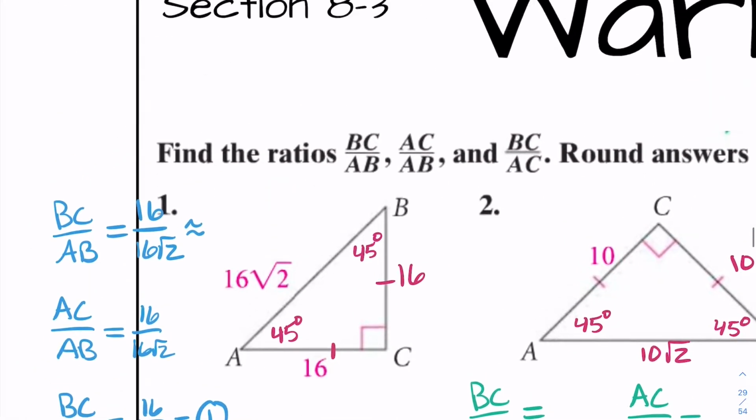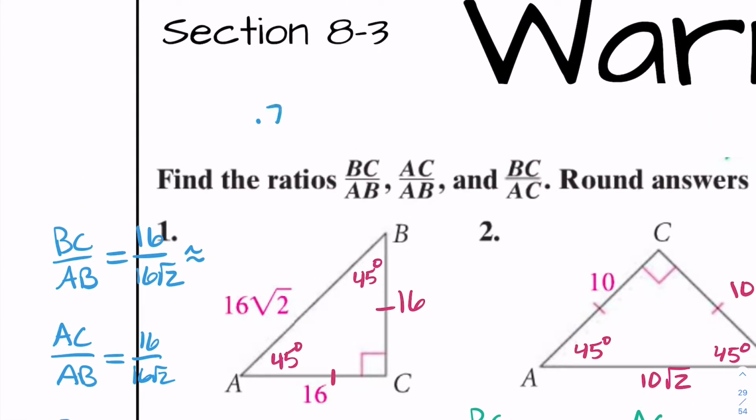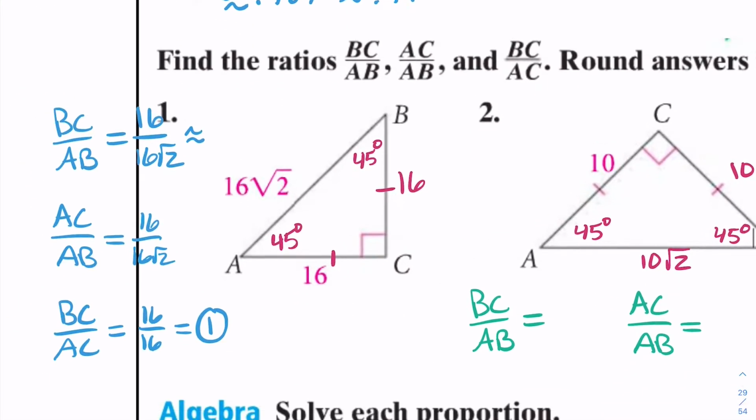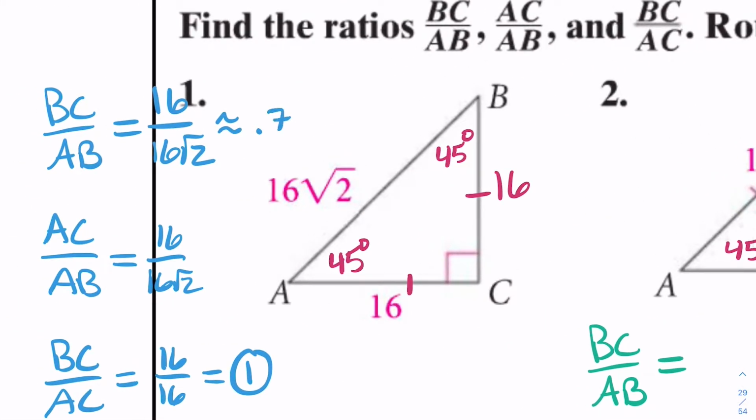So 0.707 is approximately 0.71. That's your nearest hundredth. So 0.71.